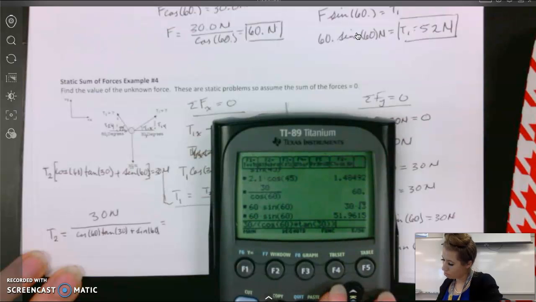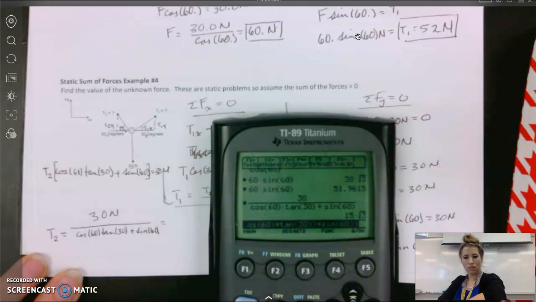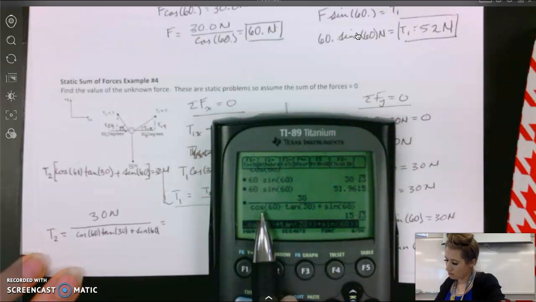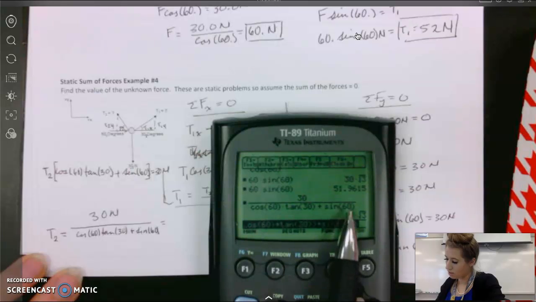Now if we want to, we can put a parentheses around this thing, multiply those together first, but your calculator should automatically do that. Plus the sine of 60, and then close the bottom of that fraction. So when we look on our pretty print here, we see we got 30 divided by cosine 60 multiplied by tan 30 plus sine 60. That's exactly how we have it written down.